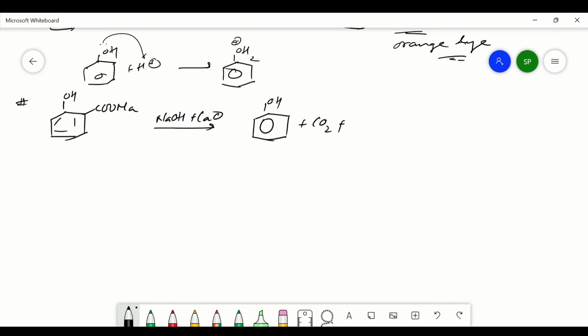Actually it doesn't release CO2, this CO2 reacts with sodium to produce Na2CO3.